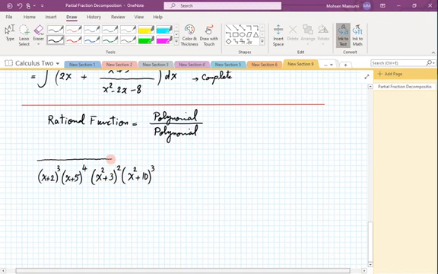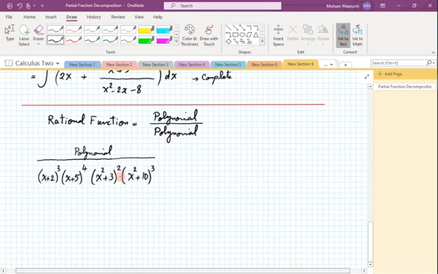Now I'm making a big job for myself. Say the numerator is some polynomial, for example x to the power of 10 plus x to the power of 7 minus 20x, and so on. How do you do partial fraction decomposition for this?